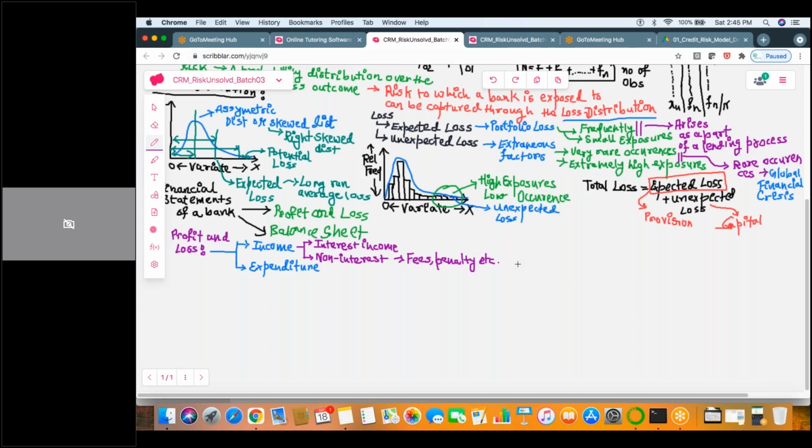The interest income is the income from lending, and non-interest income is the income from the fees, penalty, etc.